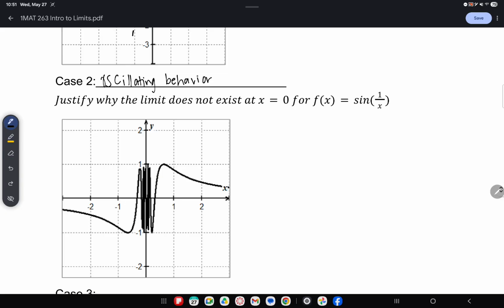And we can test the value. So this is the function, sine of 1 over x. We can test the values as we get closer and closer to 0. I could plug in maybe x equals 0.1. That's arguably close to 0. So we'd have sine of 1 over 0.1.